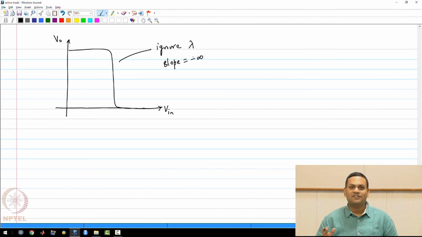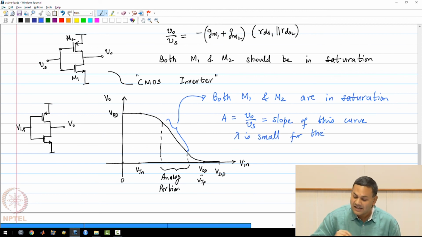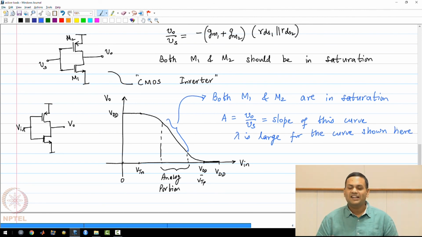In other words, the gain is infinite, clearly, because RDS is infinite. I have shown a case where lambda is very large for the curve shown. For an ideal transistor, lambda is 0, and you will have RDS equal to infinity.